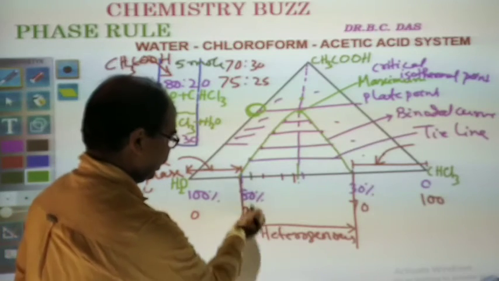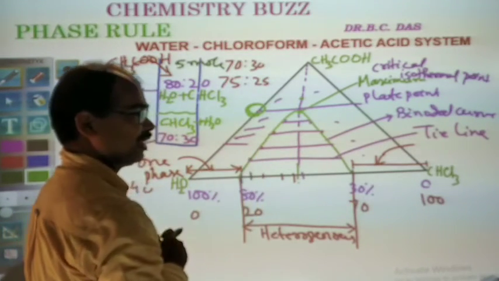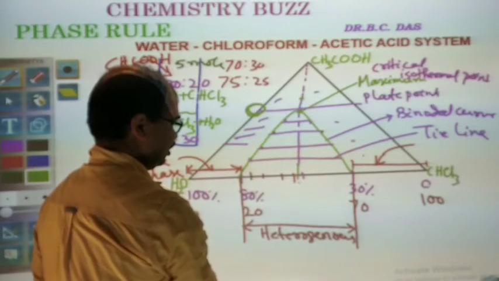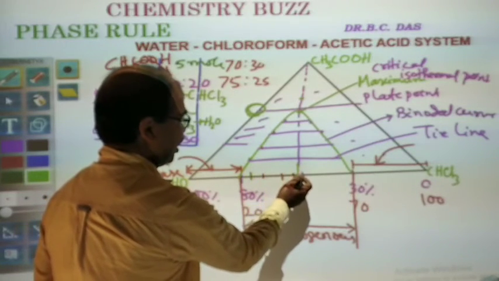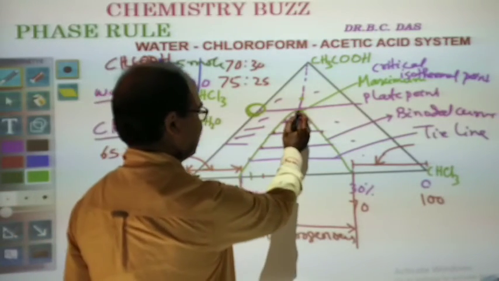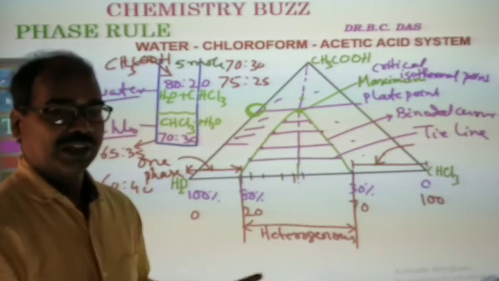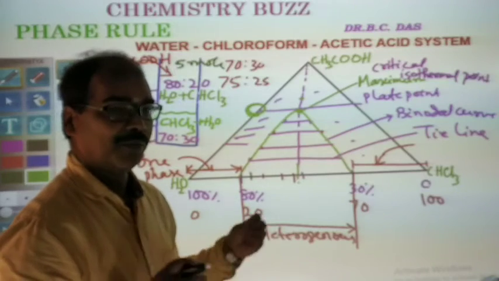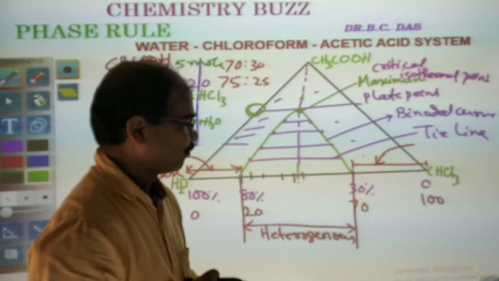Okay, so when the composition was here, only a little amount of acetic acid was required. When the composition is here, some more acetic acid is required. So at a particular point, this much acetic acid is required to make the two layers completely miscible, homogeneous and single phase.